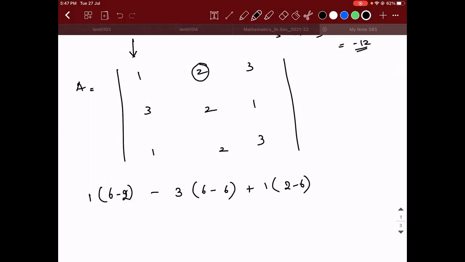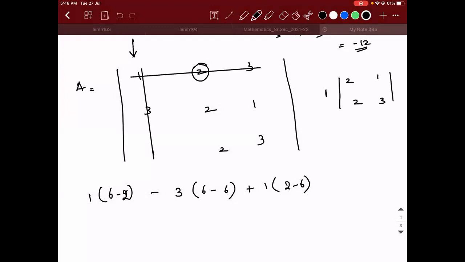Can you guys understand what we did? Whichever element you take as the reference, you need to hide the corresponding row and column of that element. If I do this, then what are you left with? 1 into the determinant of 2, 1, 2, and 3.